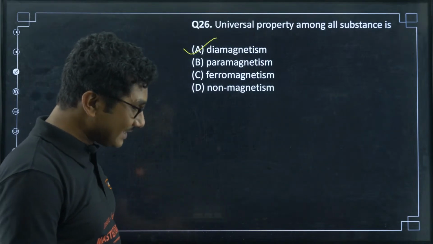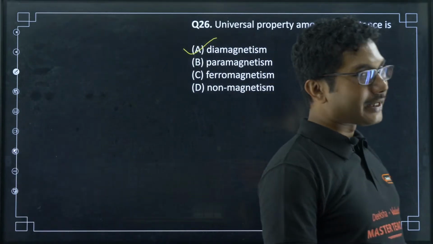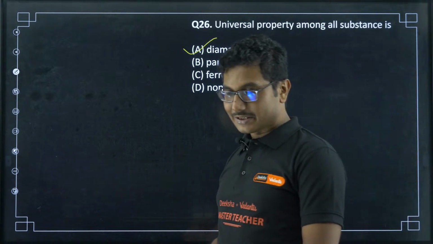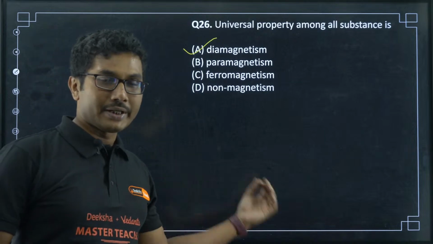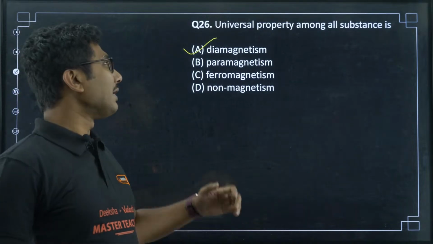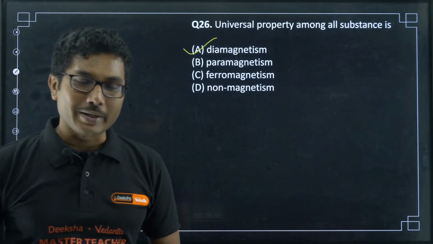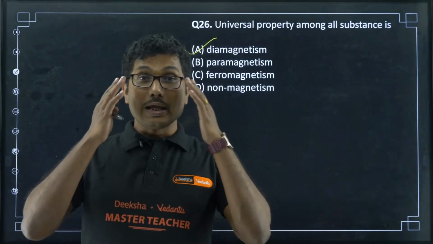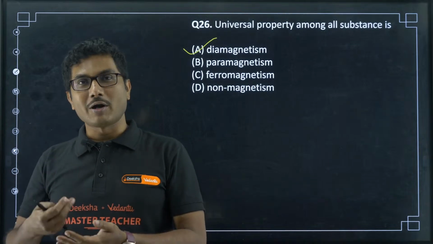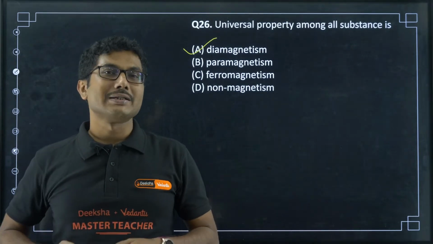Yes, diamagnetism is the universal property. It is present in all substances, but if the substance is paramagnetic, then paramagnetism dominates the diamagnetism. If it is ferromagnetic, ferromagnetism dominates the diamagnetism by manifold. If it is neither, then diamagnetism is still there.